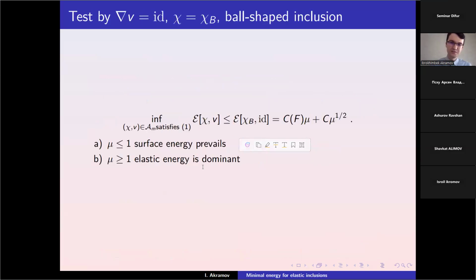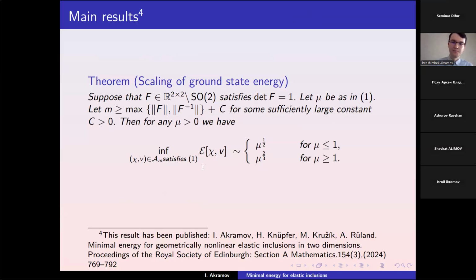This means it is bounded above and below by a constant multiplied by mu in this power, and the constant is independent of mu.